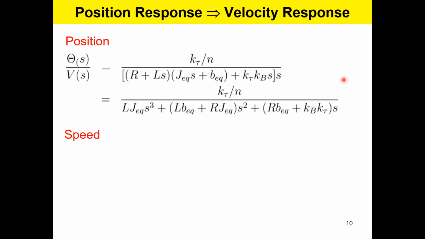Now, the transfer function you have is theta over V. Robot arm position versus voltage, right? If you want to look at how the speed of the robot arm is changing with time, what can you do? How can you derive that using the position transfer function?